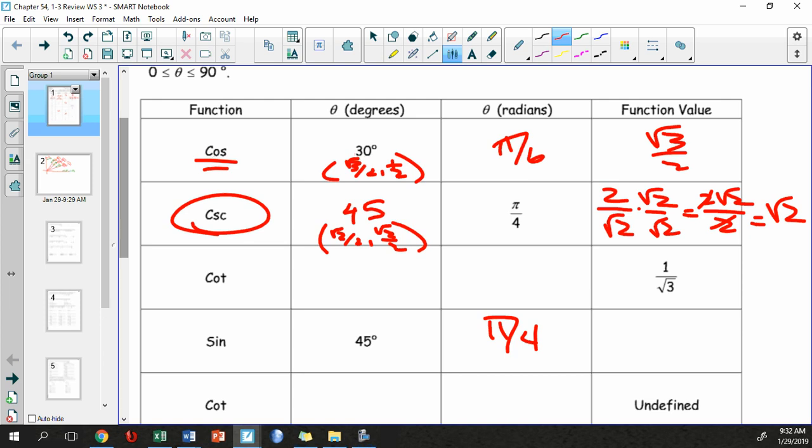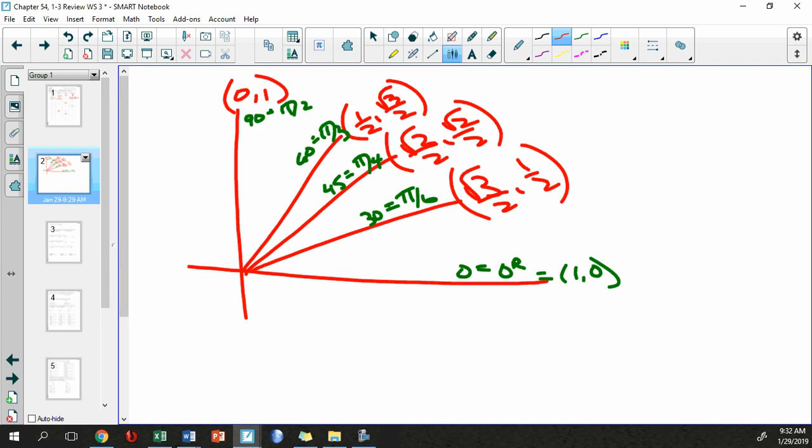Now, look at this. This is a problem. Cotangent. Let's be really honest about this. When my cosine and my sine are the same, x and y, and I take my x value divided by my y value, or my y divided by my x, they're the same. What should that be?